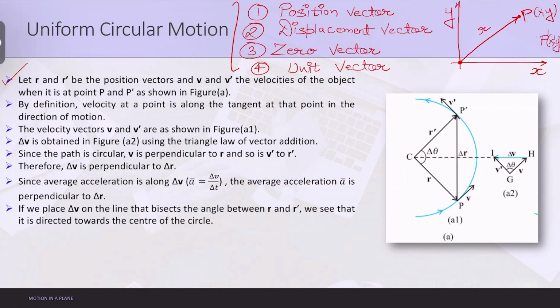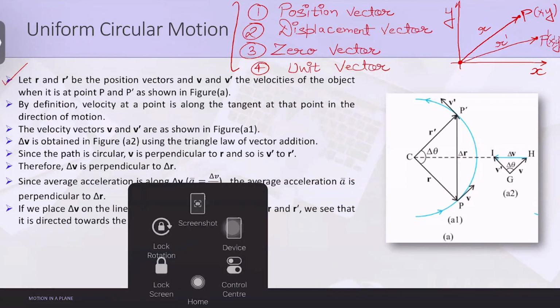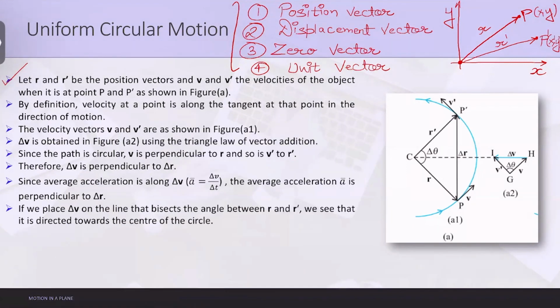Then the position vector of P dash is again drawn from origin O to the point P dash, and can be written as r dash. Now, the displacement vector for this particle, let's say PP dash, is this vector here, which we can write as d bar.